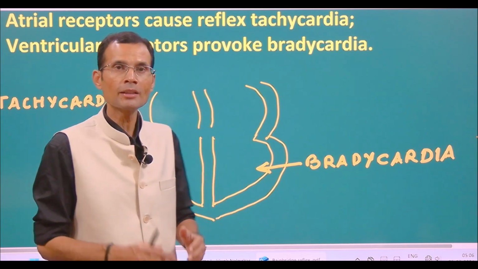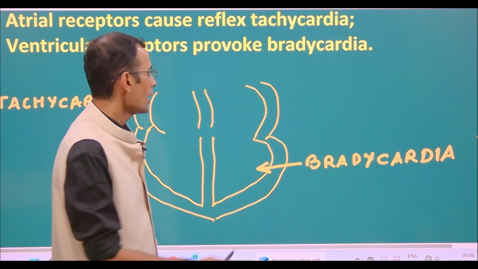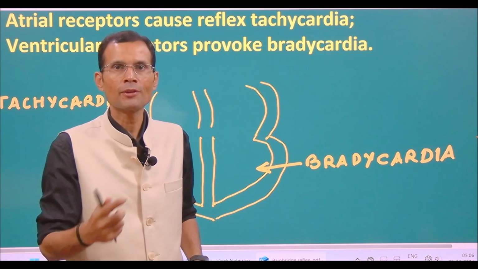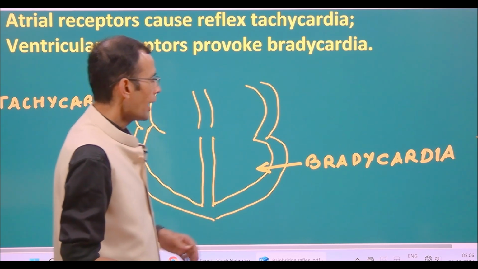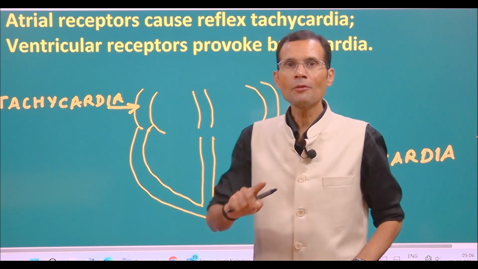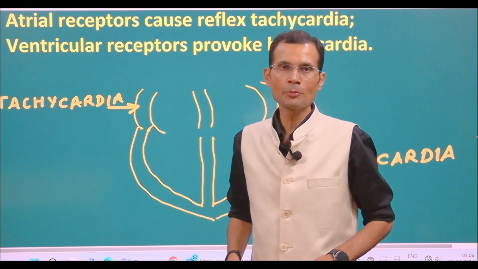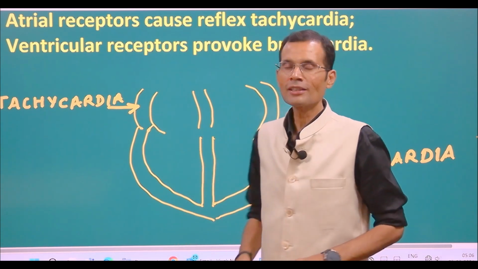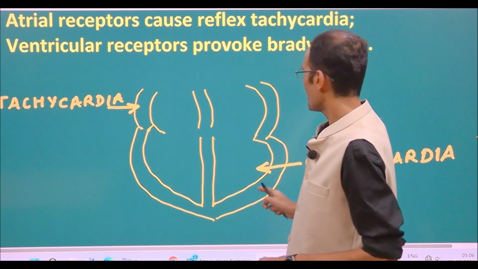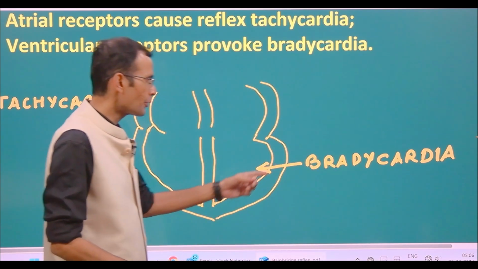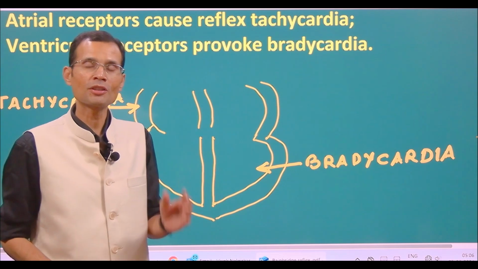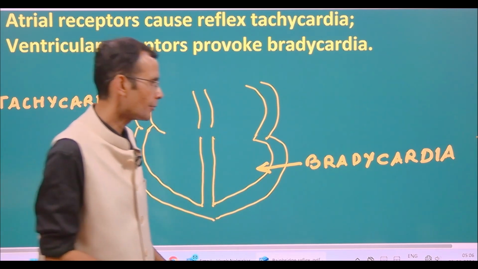They are stimulated by chemicals, and that is when the Bezold-Jarisch reflex is the response. And the third most important aspect here is, whenever the atrial receptors are stimulated, the response is tachycardia, that is in the Bainbridge reflex. Whenever the ventricle receptors are stimulated, the result is bradycardia, which is what is seen in the Bezold-Jarisch reflex.